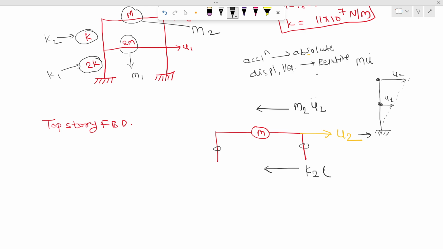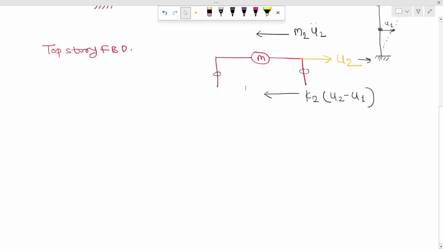And as I told you, we have to take relative displacement. Means what? Here the displacement is U2 and here displacement is U1. So we have to consider U2 minus U1. Okay, now this is the free body diagram for the top story.